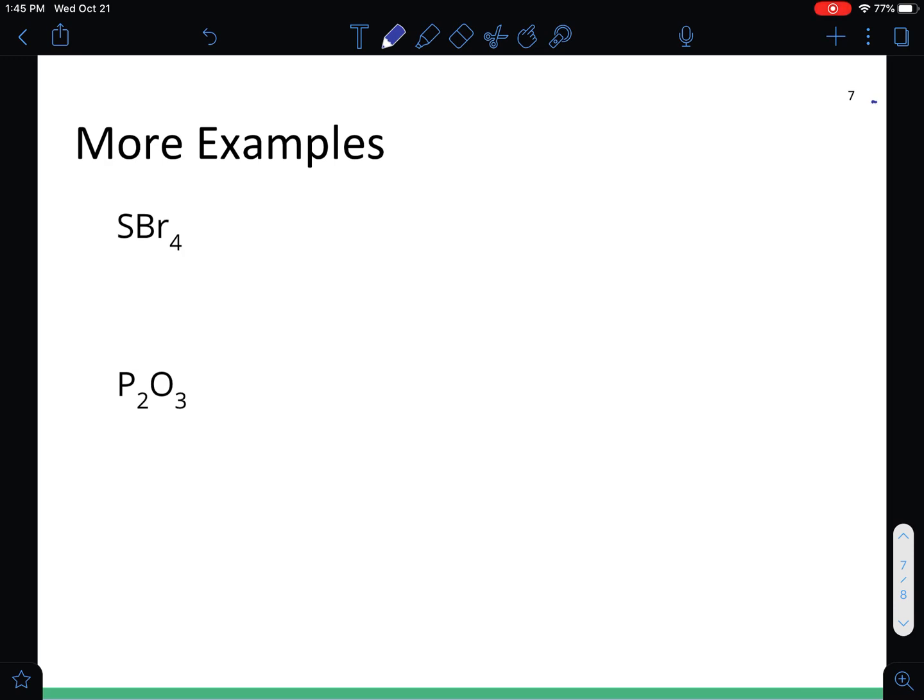All right, so the first one, S is sulfur, and Br is bromine, and the prefix that we need before bromine is tetra. Make sure to double check that your ending is IDE and that you don't have any spaces in between tetra and bromide, and that there is no prefix or name change at all to sulfur.